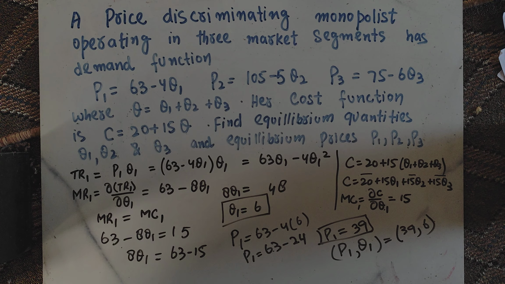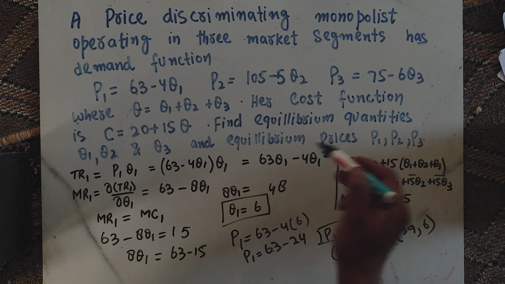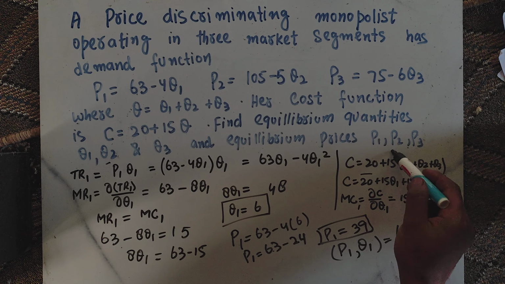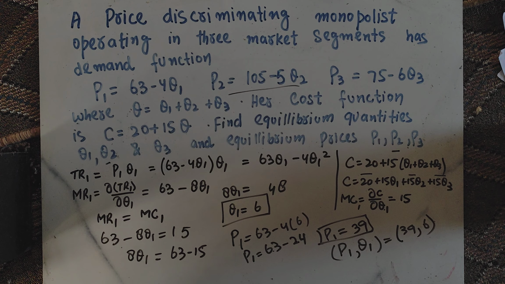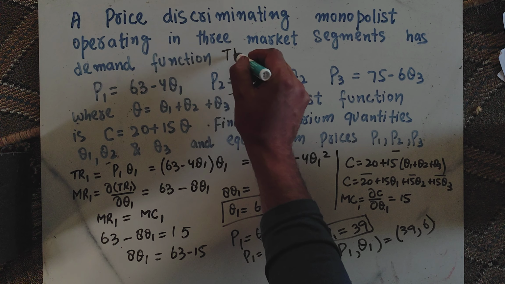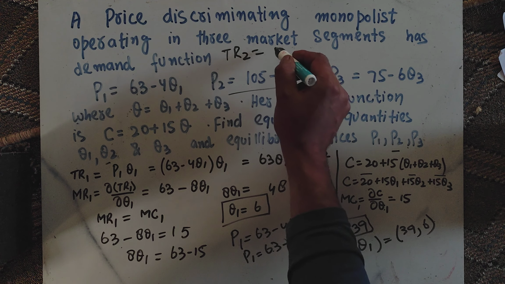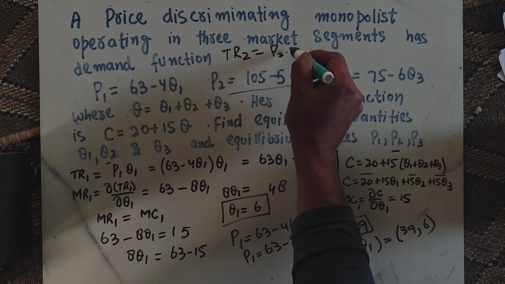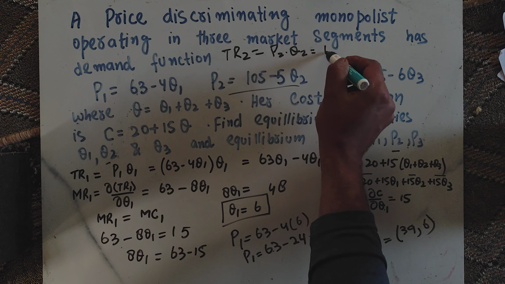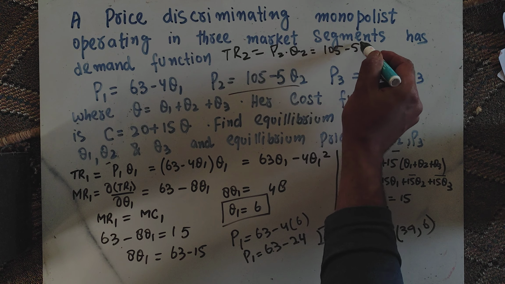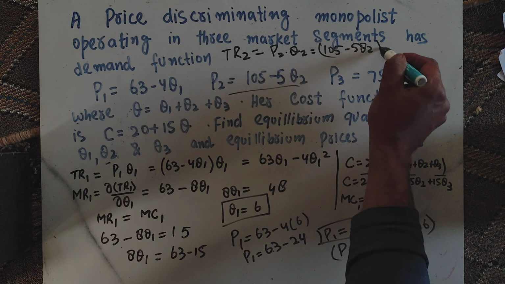Likewise, to find the equilibrium quantity and price in the second market, we first find the total revenue in the second market, which is P2 times Q2, equal to 105 minus 5Q2 multiplied by Q2.